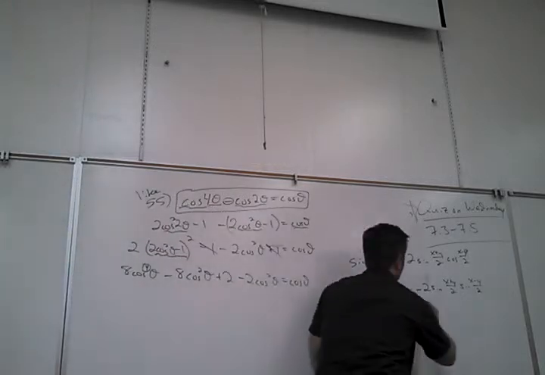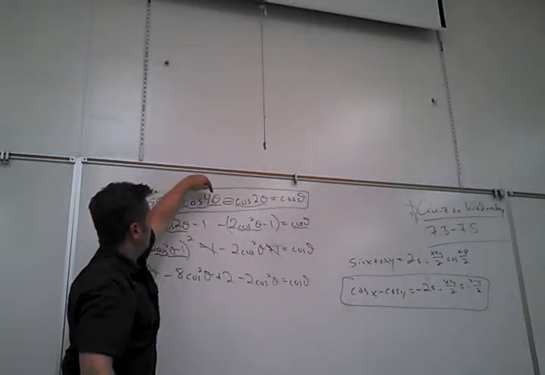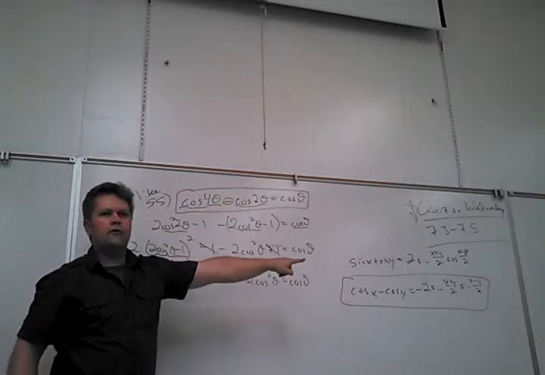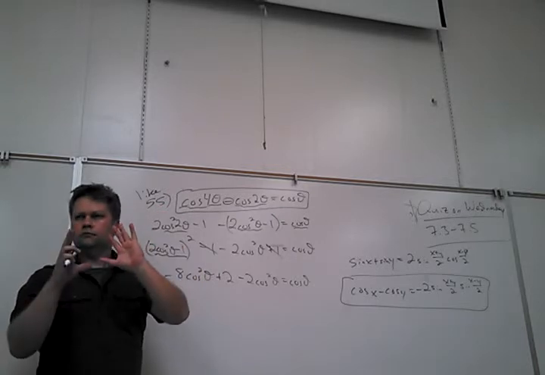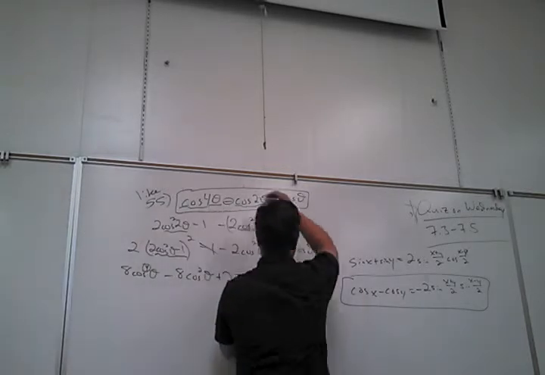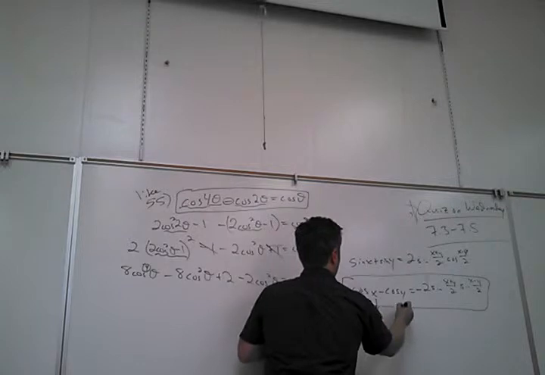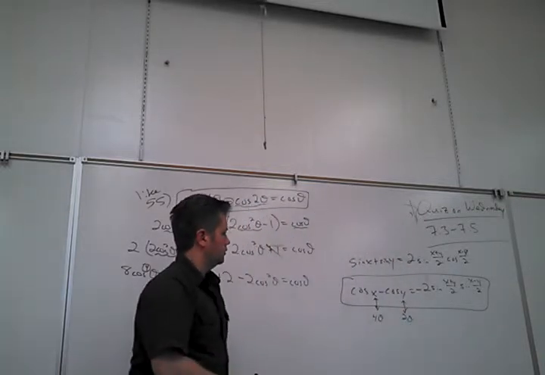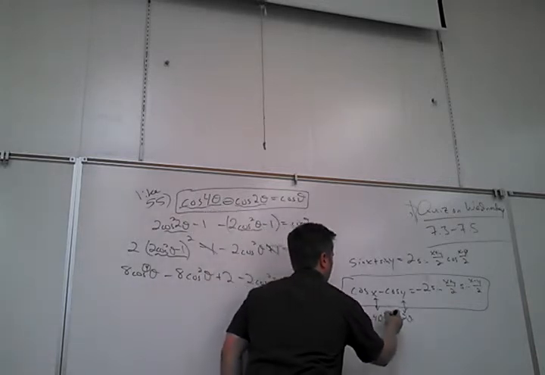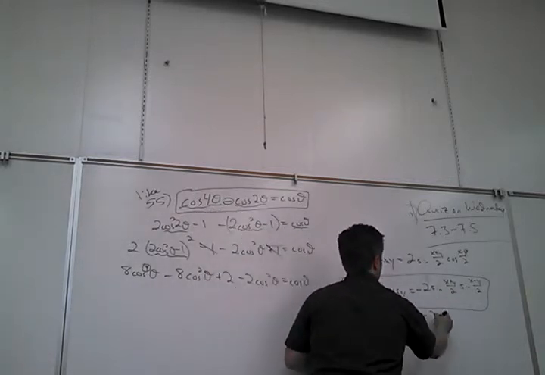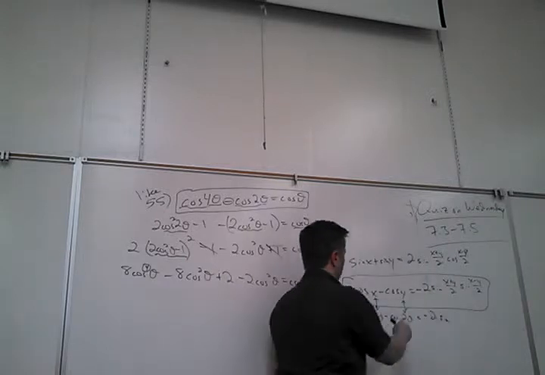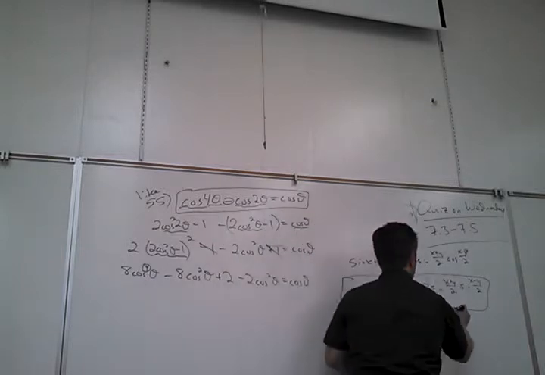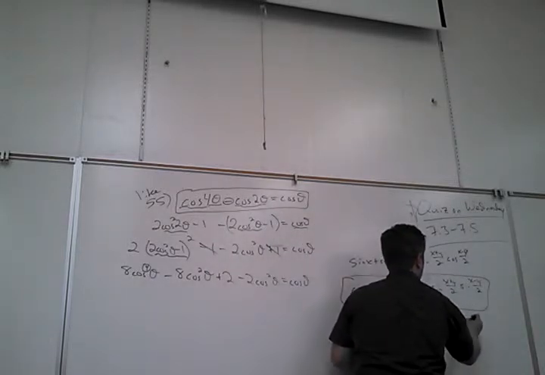So I looked at this one for this problem here because I got cosine x minus cosine y. So I can replace that with that. Now let's see if this looks any better. Here we've identified x to be 4 theta and y is 2 theta. So cosine 4 theta minus cosine 2 theta equals negative 2 sine, what's x plus y going to be? 6 theta, divided by 2, so you get 3 theta.